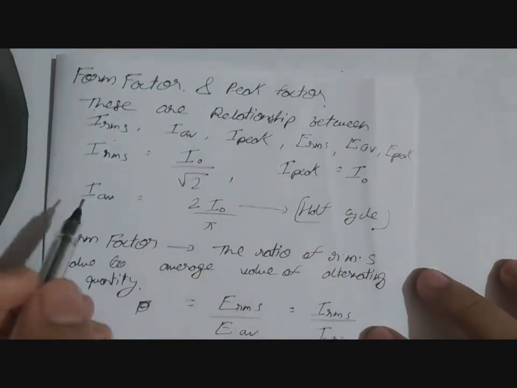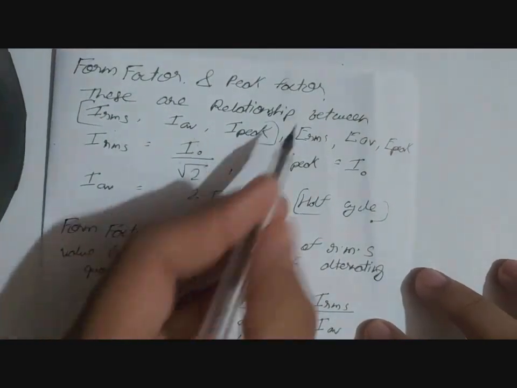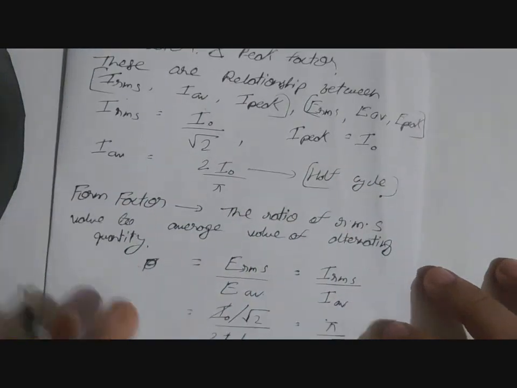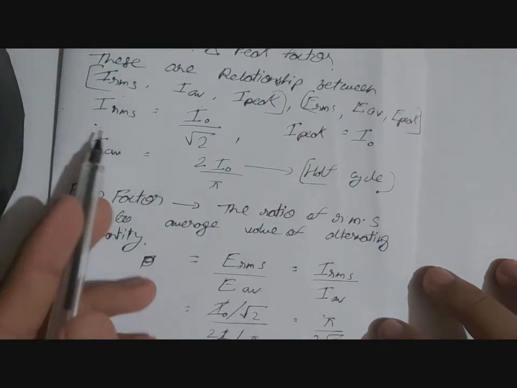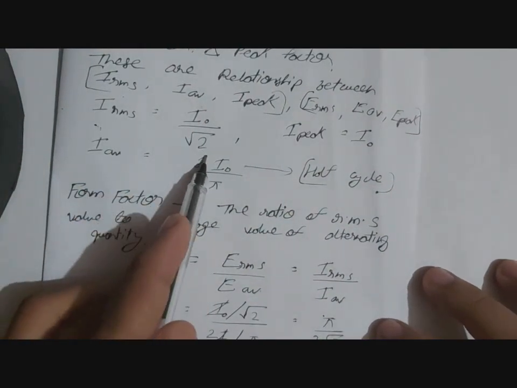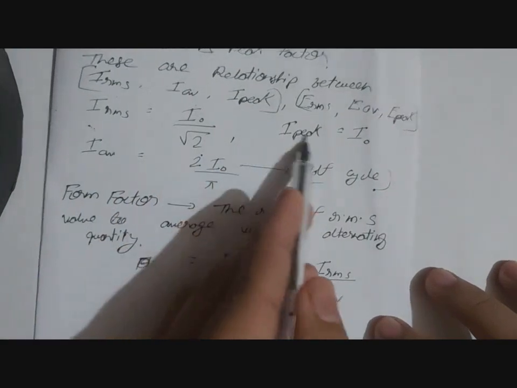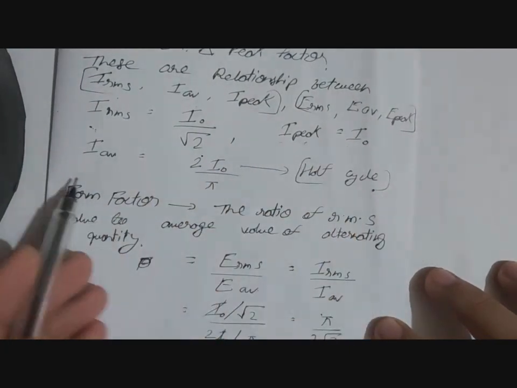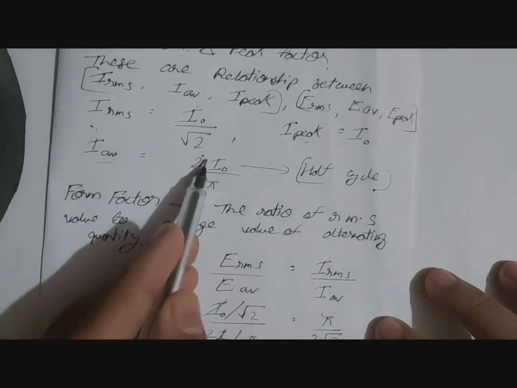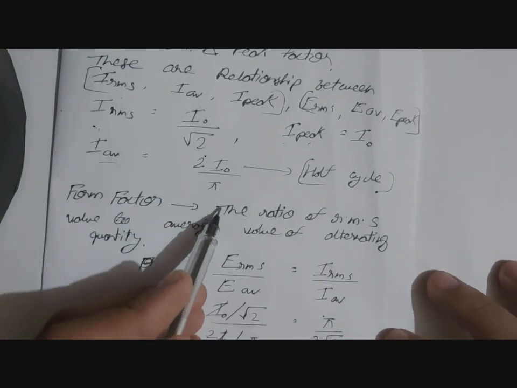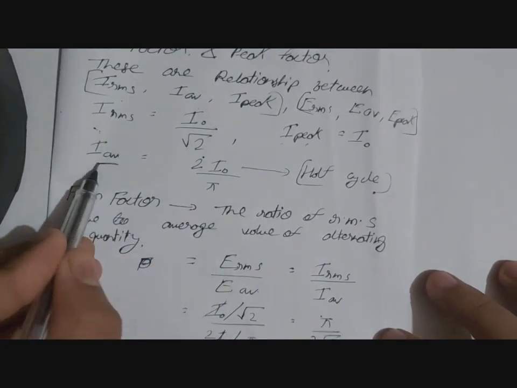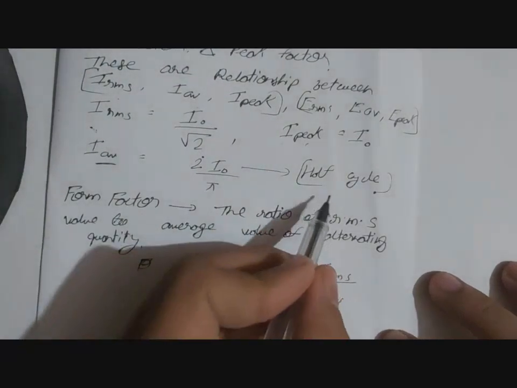For both, we know that IRMS is equal to I naught by root 2, and we consider I peak equal to I naught, and I average is equal to 2 I naught by pi for only half cycle, because I average for the whole cycle is 0.